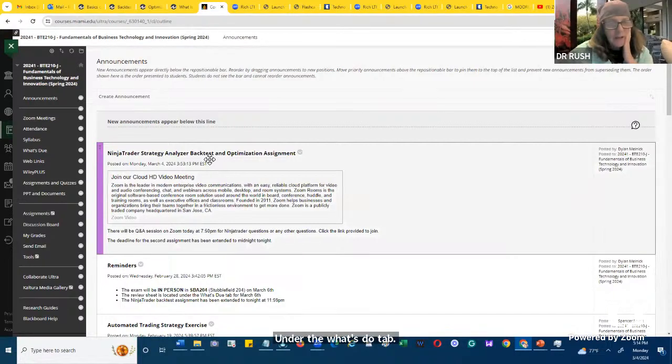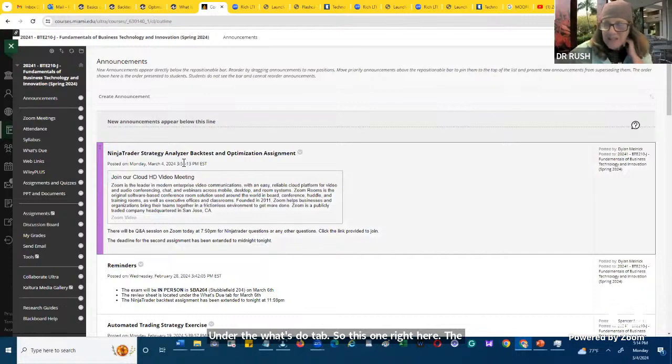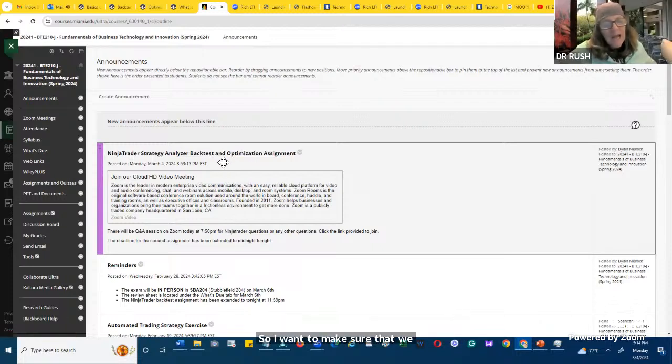This one right here, the NinjaTrader backtest and optimization assignment that's due today, I am extending to midnight tonight. Also, by speaking with a couple of the students here, I see there's a confusion here, so I want to make sure that we clarify it. After my next class, I'm going to have a session if you're having problems with this exercise.